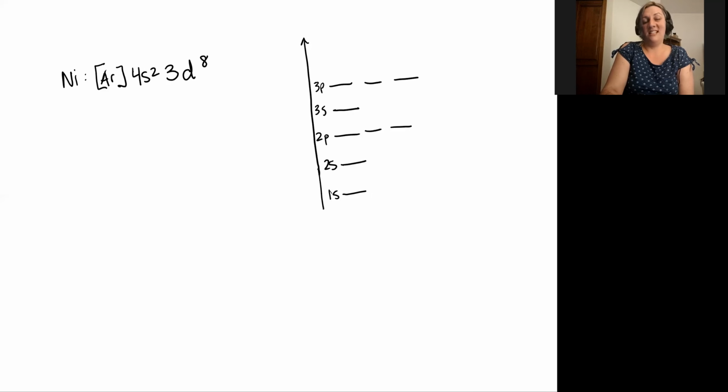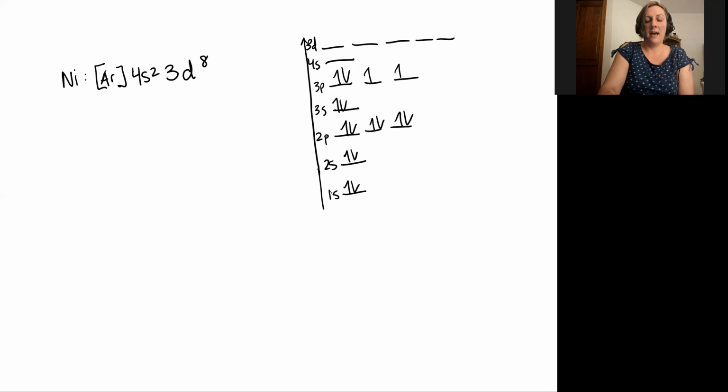Followed then, instead of our 3d, we go to our 4s orbitals, and then our 3d.